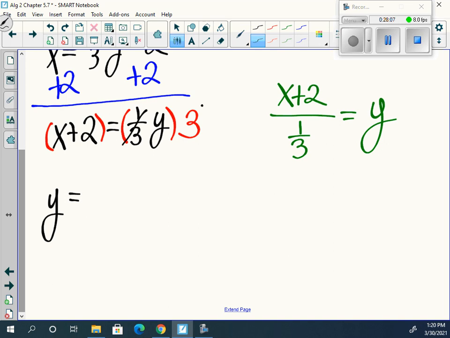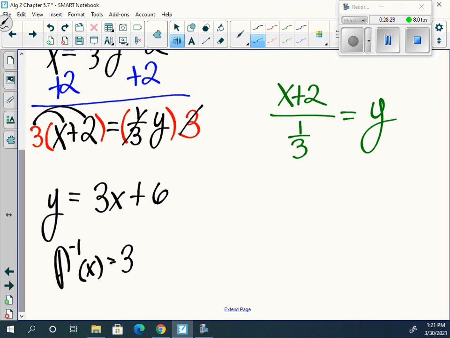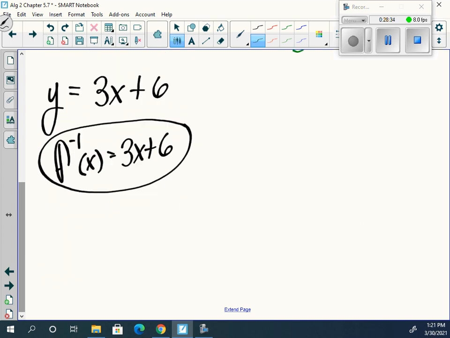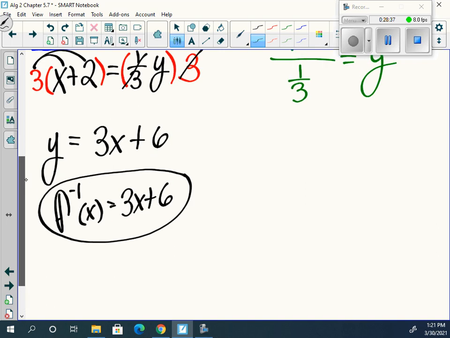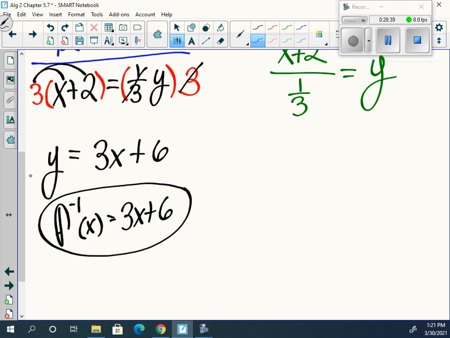So these here will simplify. And what I do to one side, I have to do to the other. Well, 3 times x is 3x. 3 times 2 is plus 6, which tells me that f inverse of x is equal to 3x plus 6. Bless you. So questions on this here.